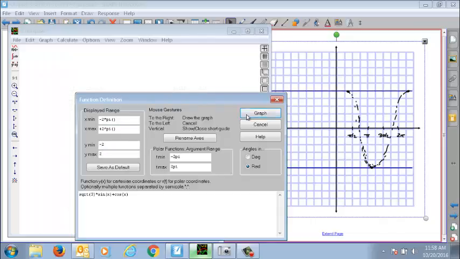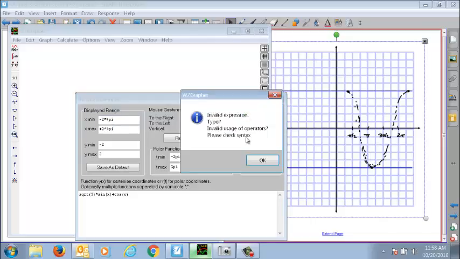And we'll graph that thing, and there's a problem here with the syntax. It's probably this thing. I think we actually have to put a percent sign or something in there, and we probably take away these parentheses. Each program has different syntax.